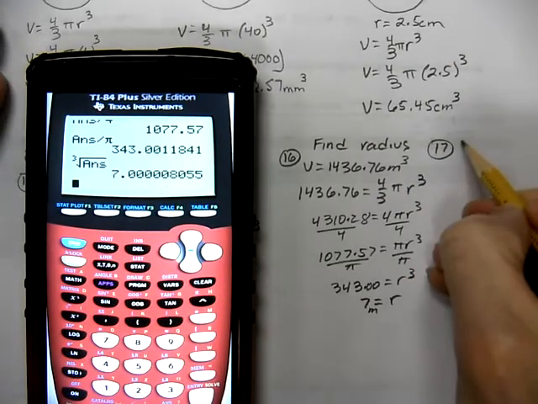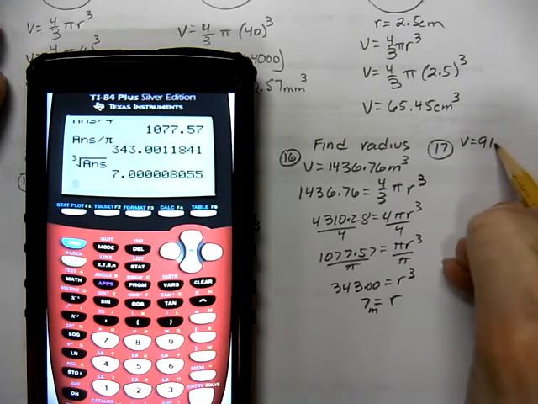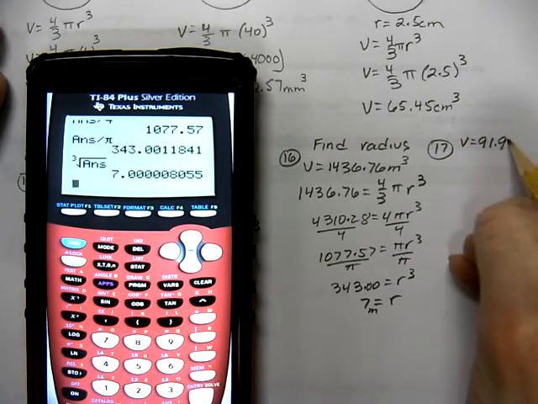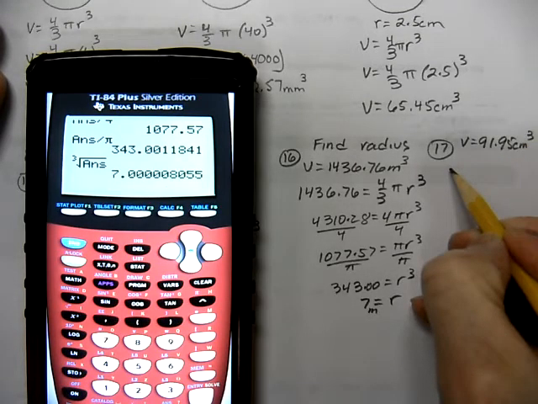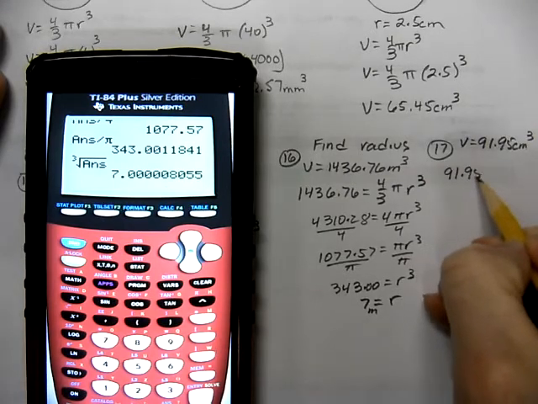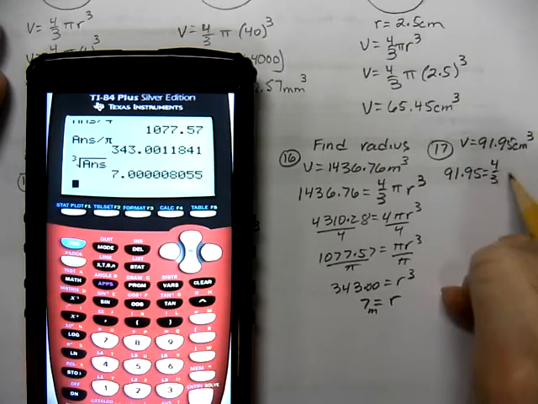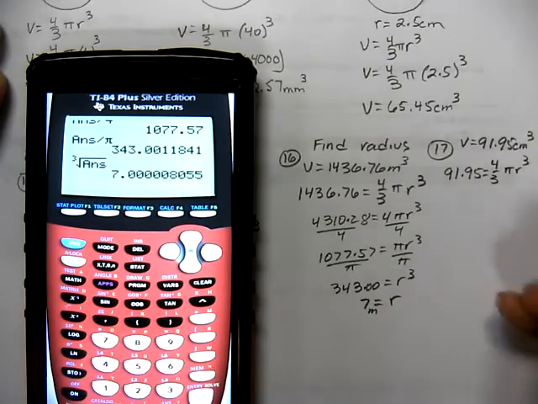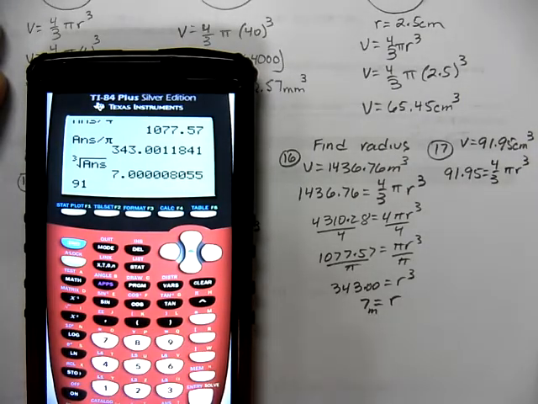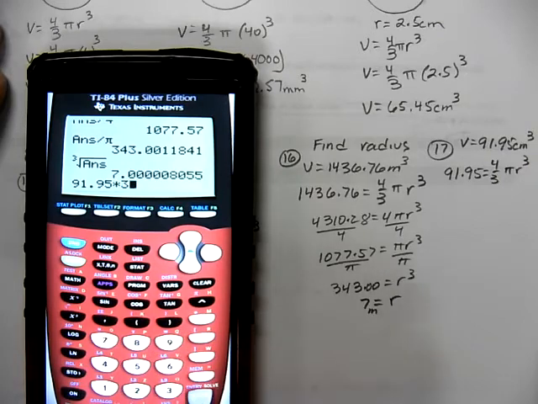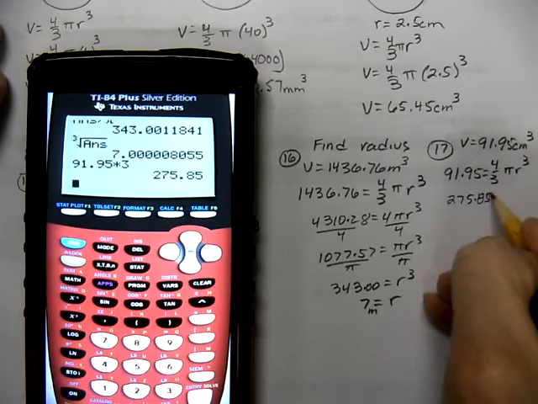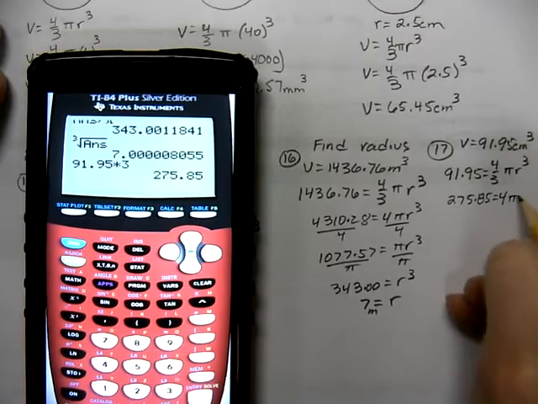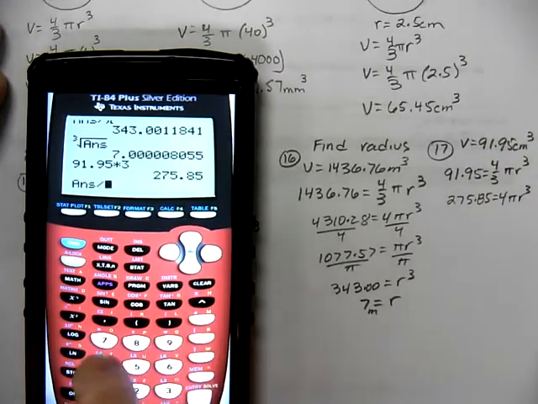Number 17, the volume is 91.95 centimeters cubed. So we'll take that 91.95, equal it to our 4/3 pi r cubed. Take the 91.95, times it by 3. Divide it by the 4.